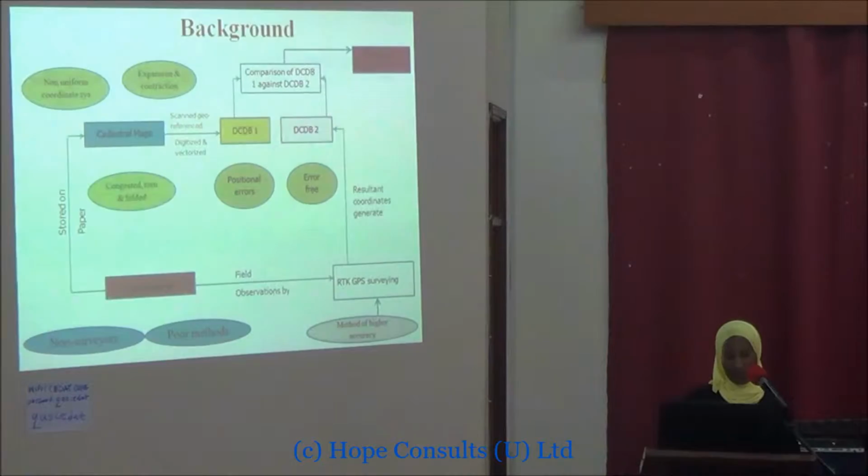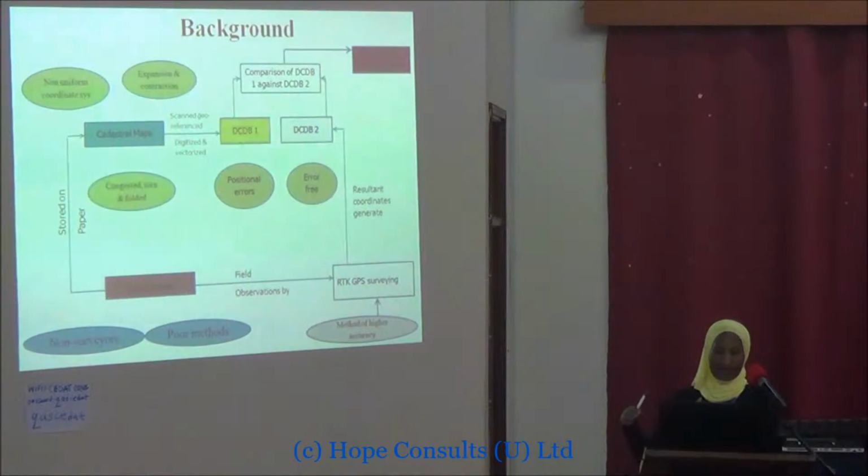So when I go back to the land parcels, these land parcels are at the same time surveyed using good methods like RTK, which are of higher accuracy and free from errors. So on this other side, we have DCDB2, which is coming from the RTK.